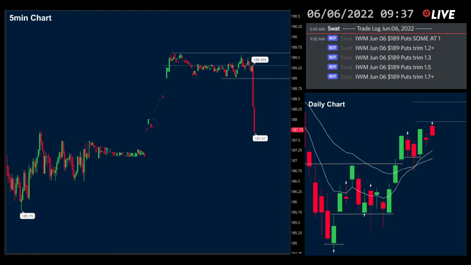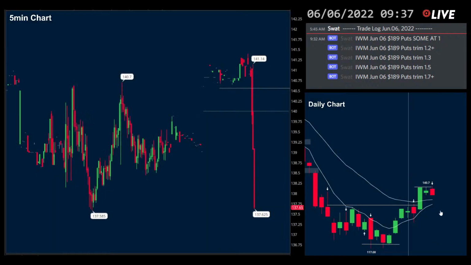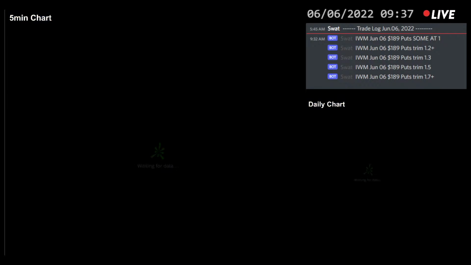Some more fading. Boeing, ugly move on Boeing. Big reversal sell on Boeing and fading on bear flow. Not pretty on Boeing. NVIDIA also fading.